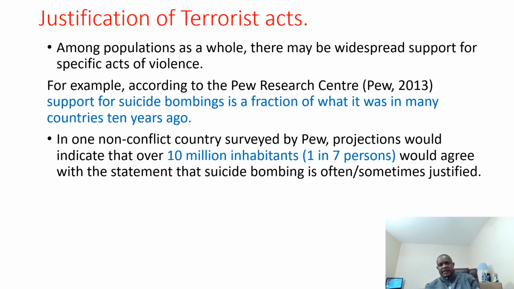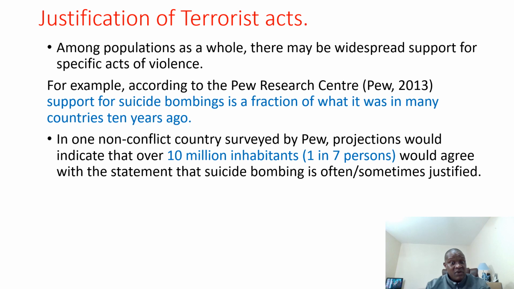Justification of terrorist acts. Among populations as a whole, there may be widespread support for specific acts of terrorism. For example, according to the PEW Research Center 2013, support for suicide bombings is a fraction of what it was in many countries 10 years ago.